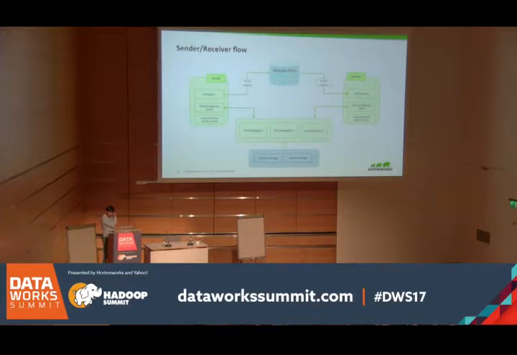So this is a typical sender and receiver, or producer and consumer, flow whenever you are using schema registry. We were talking about the schema registry client and the serializers.